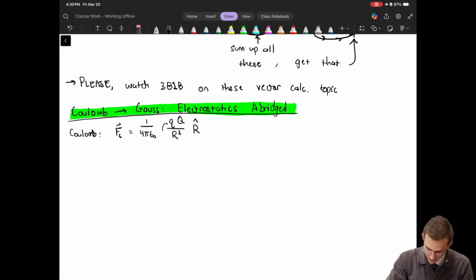So lowercase q is a point charge at the origin.